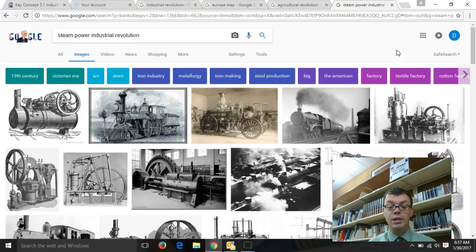So steam is like this big power that makes the trains go, makes the factories go, and helps the Industrial Revolution start and transport the goods. Very significant, because this will mean that the factories can start, the trains can start, and the goods can be produced and made in the Revolution.